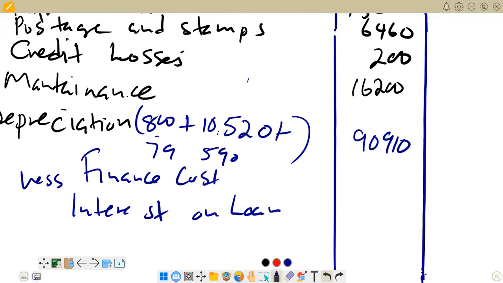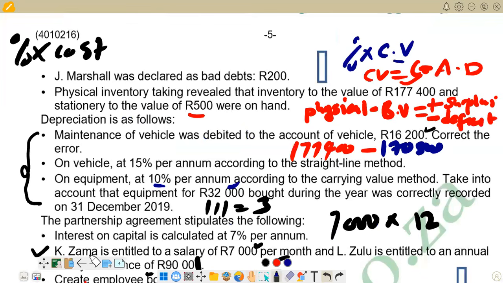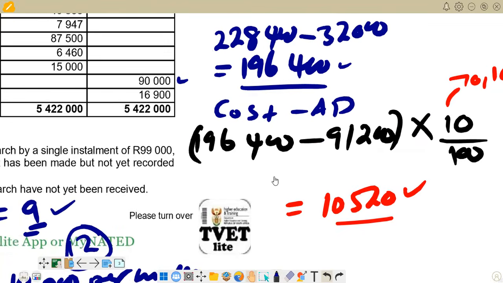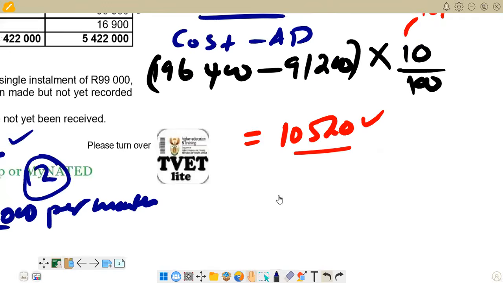And then if you go to the question, we'll see that we are given the interest on loan at the beginning of the question there. Let's try to see the interest for the loan.